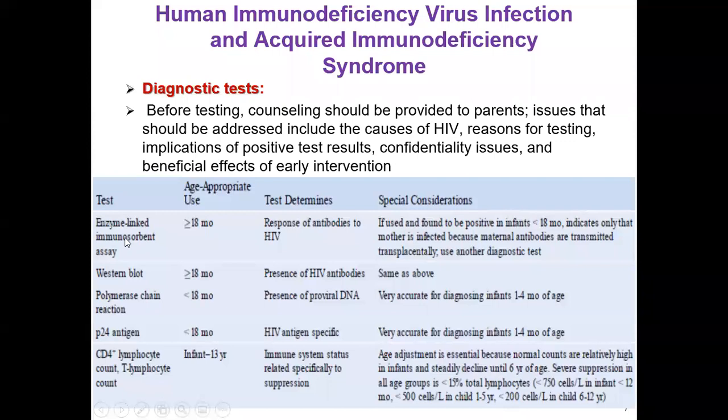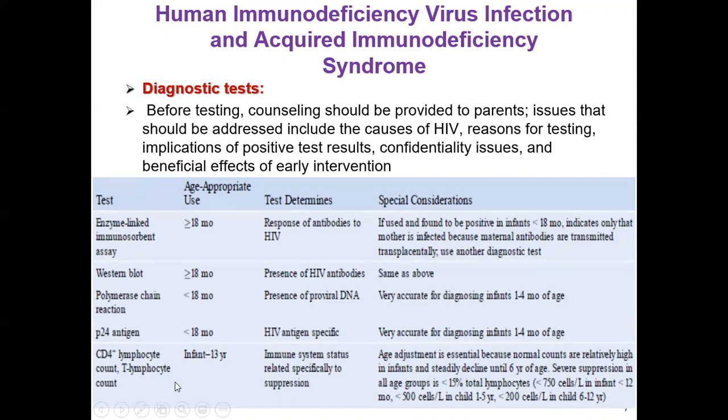The ELISA test detects antibody to HIV, Western blot presents HIV antibody, polymerase chain reaction shows presence of proviral DNA, and CD4 lymphocyte count means immune system status related specifically to suppression.